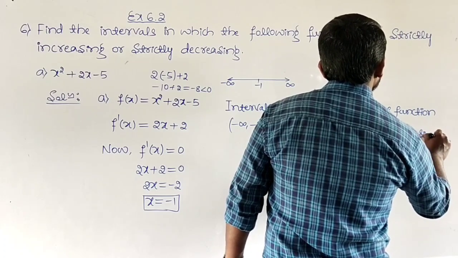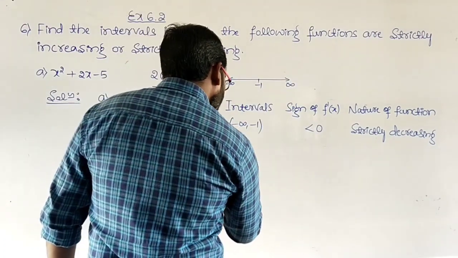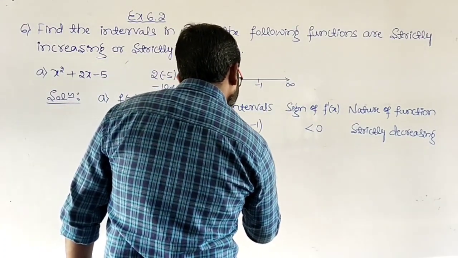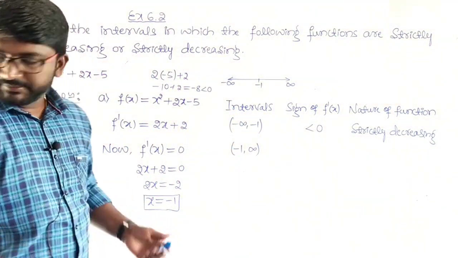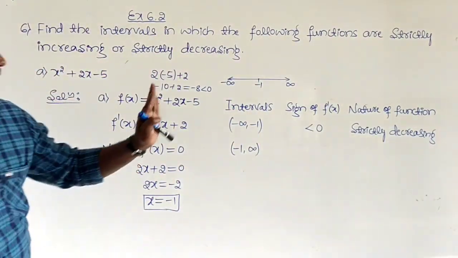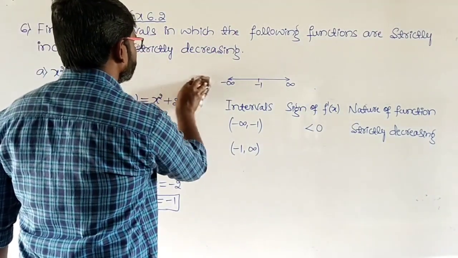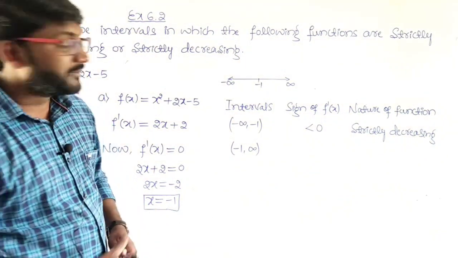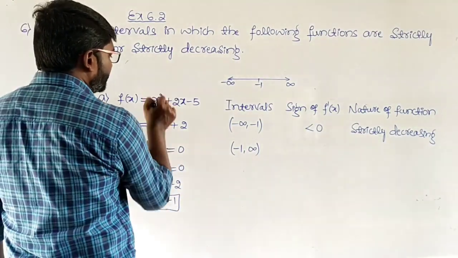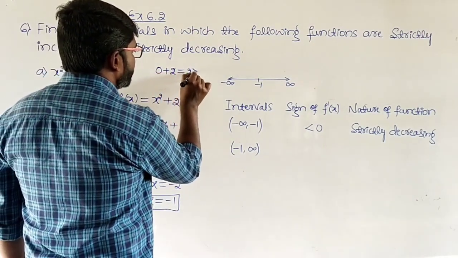And then we will go for the second interval now, that is minus 1 comma infinity. In this we can go for 0, 1, 2, 3 and all the positive numbers. So I will be taking 0 now. Let me take 0 and substitute in f dash of x. 2 into 0 is 0, plus 2 is 2, which is greater than 0.